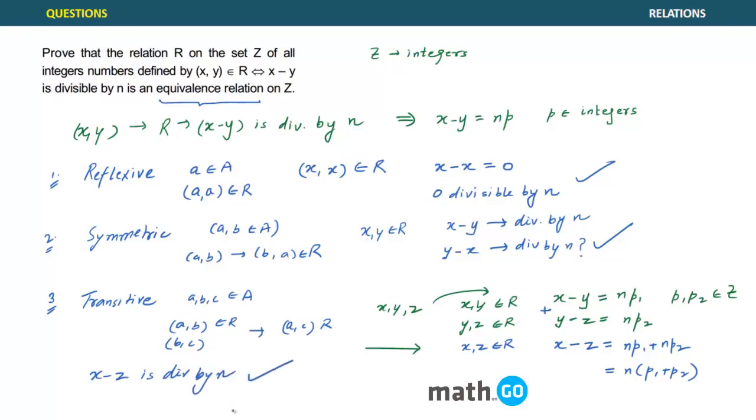Yes, we can say so. Why? Because p1 and p2 are both integers, so p1 plus p2 will also be an integer. So x minus z is also divisible by n. So it is transitive also. So it has all three properties. That is why I would say this relation is an equivalence relation.